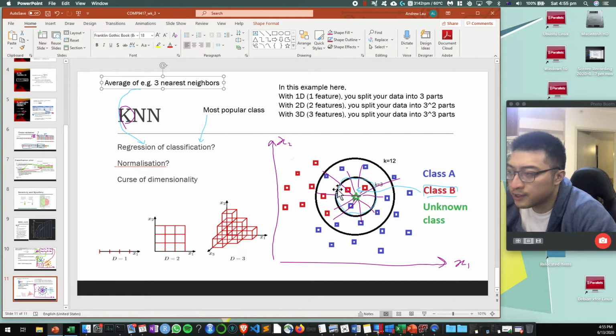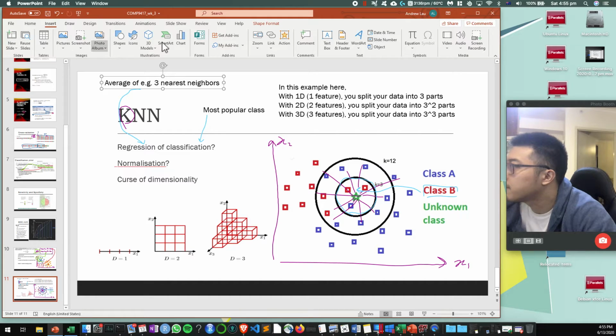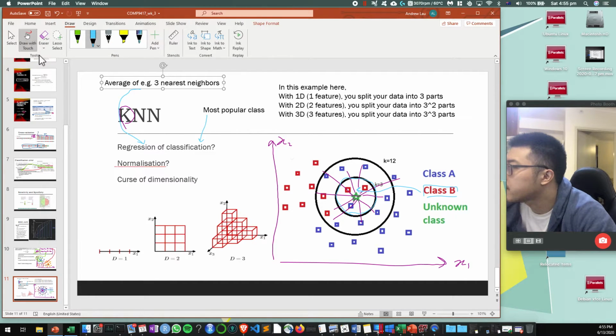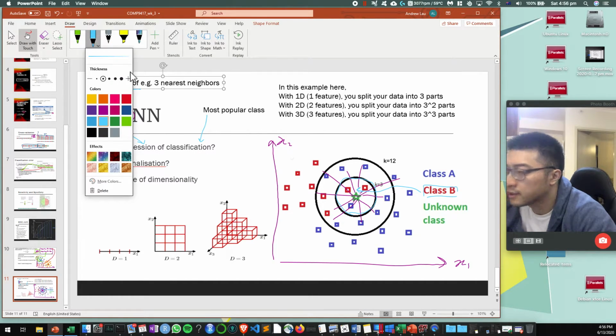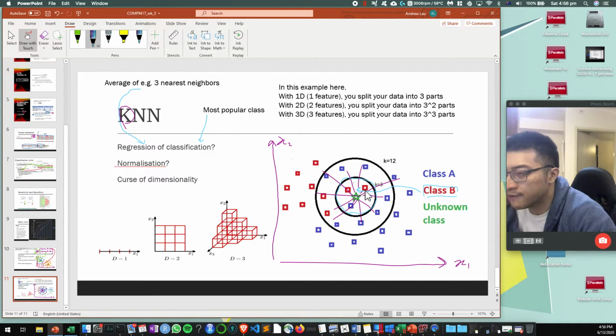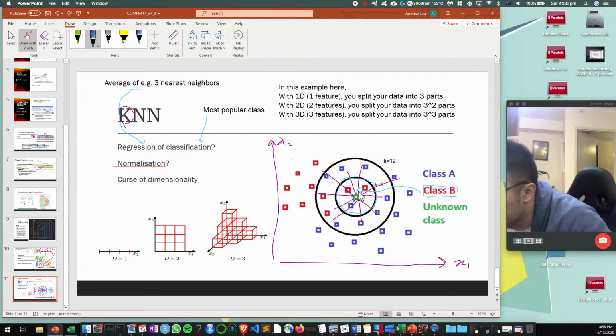So in this case, let's say we're doing a regression exercise. I'm just going to create some dummy data. Let's just say, for argument's sake, this is regression, and this guy here is 3.